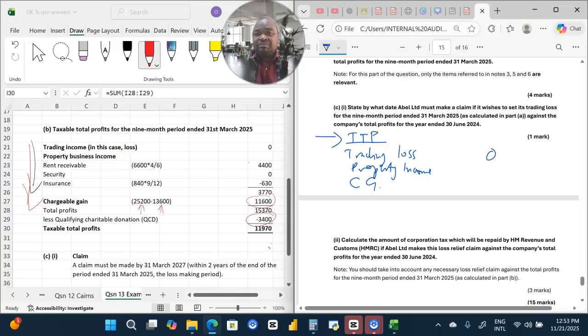So sometimes you just have to put whatever loss figure you have found, because you are not going to be penalized twice. So whatever figure you found as a loss, you then have to explain by when Abel Limited should make a claim for a refund. Must make a claim if it wishes to set its trading loss for the 9-month period ended 31 March against the company's total profits for the year ended 30 June. So, by when should they make such a claim?